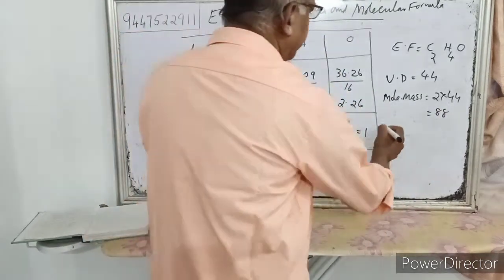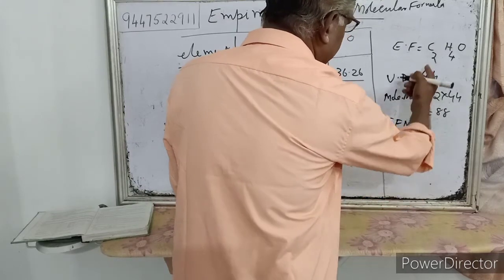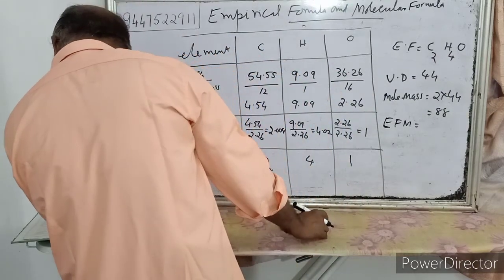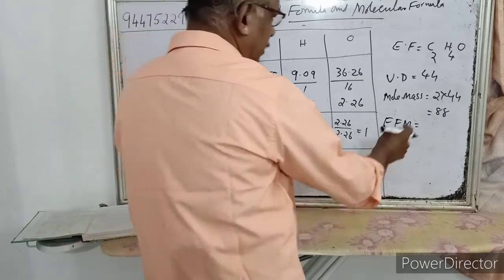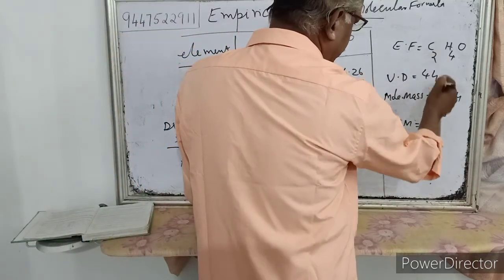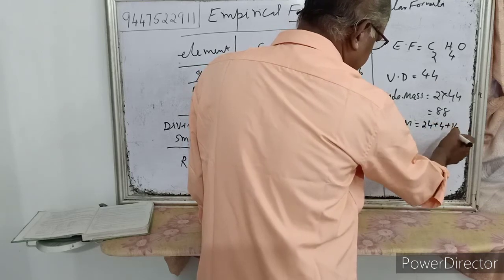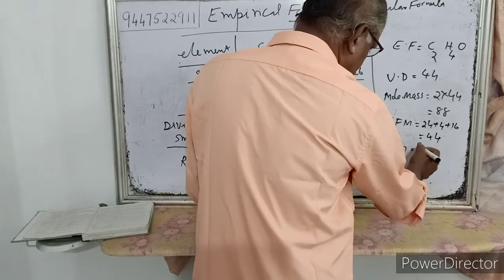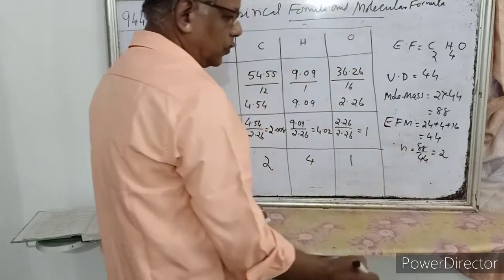Then what is EFM, empirical formula mass? EFM of C2H4O is 24 plus 4 plus 16, that is 44. So n is equal to 88 by 44, which is 2.